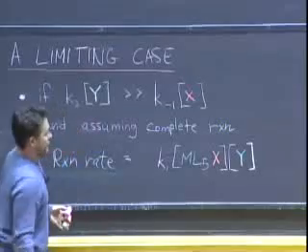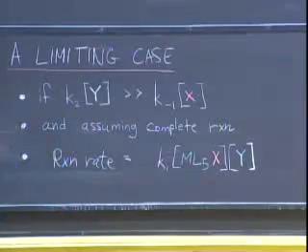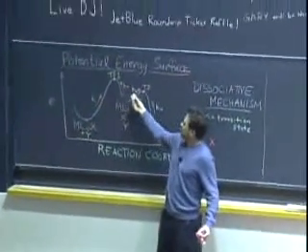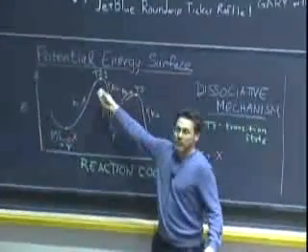Okay? And that says that every time we get over the first barrier, we rapidly get over the second barrier without going back.